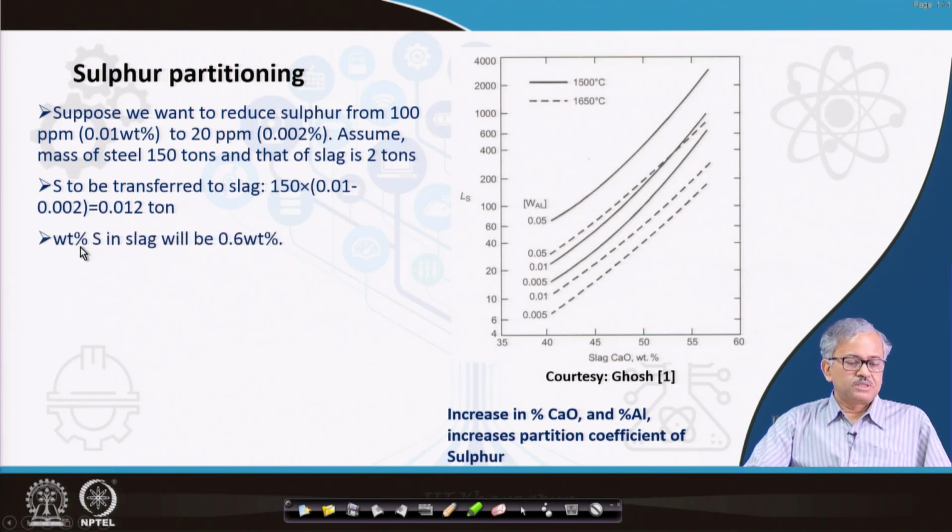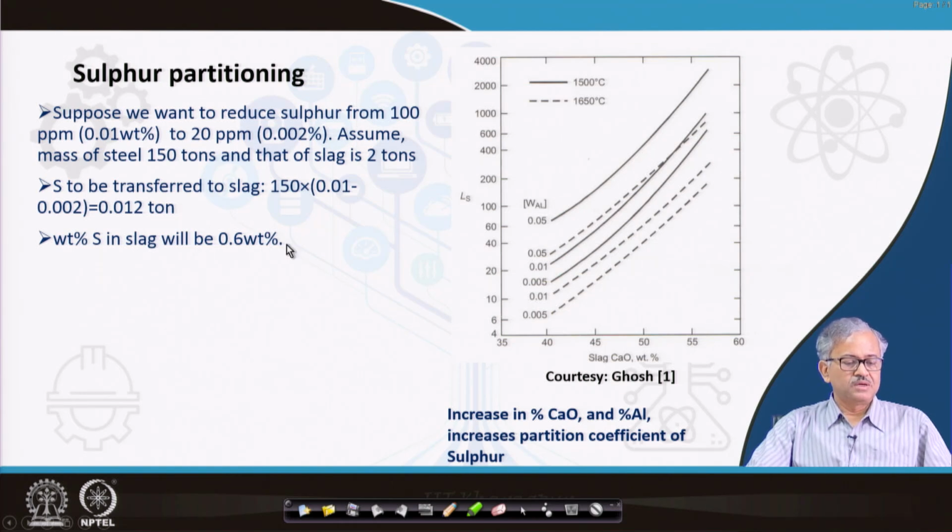Now, the weight percent of sulfur in the slag will be how much? This 0.012 ton of sulfur joins 2 tons of slag, so it is around 0.6 weight percent. So in 2 tons of slag you will transfer 12 kg of sulfur from metal to the slag, and the weight percent of sulfur in the slag will be simply 0.6.